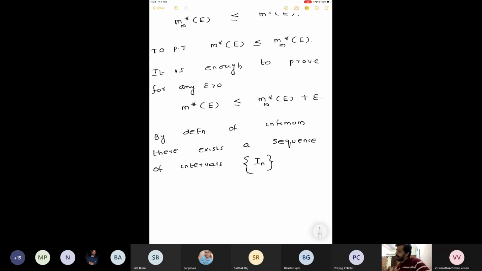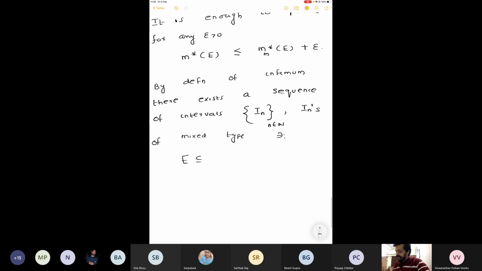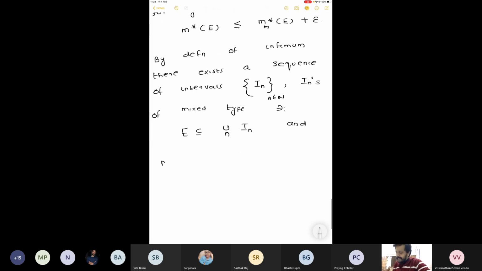Another In can be open, closed, and so on, for n an element of N. So the In's are of mixed type such that E is contained in the union over n of In, and MM star E plus epsilon is greater than, because MM star E is an infimum.